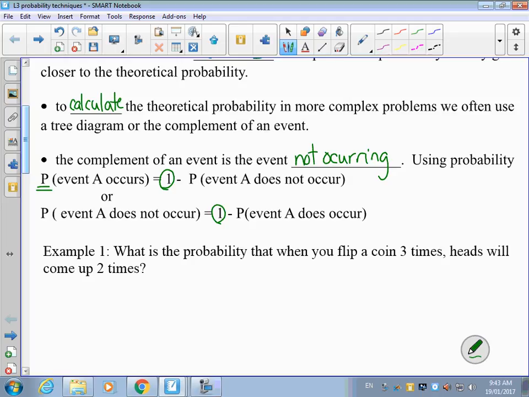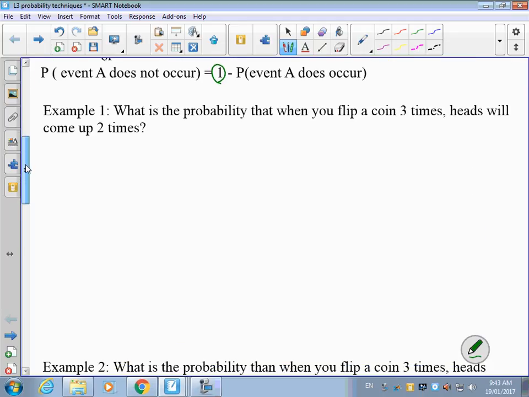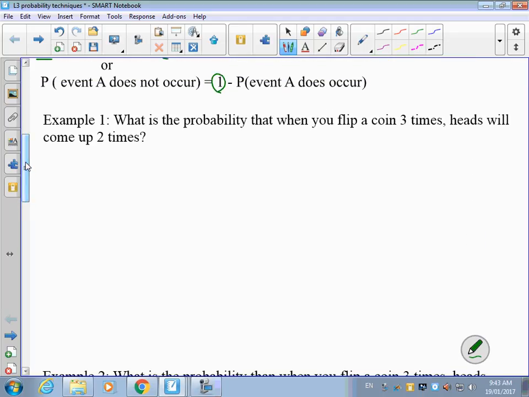So we're going to look at a little more complex example. What is the probability that when you flip a coin 3 times, heads will come up twice? It's not quite as straightforward as just whether I have heads or tails. So a tree diagram happens when I do something like this.